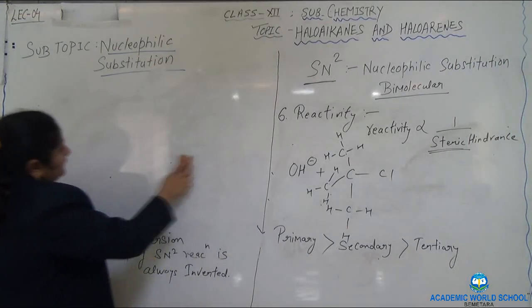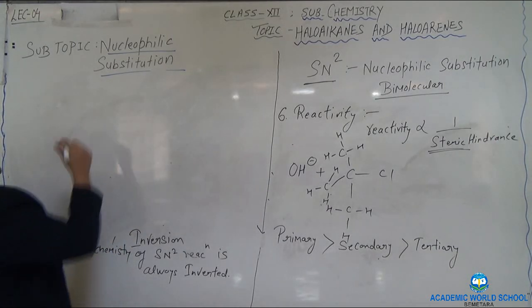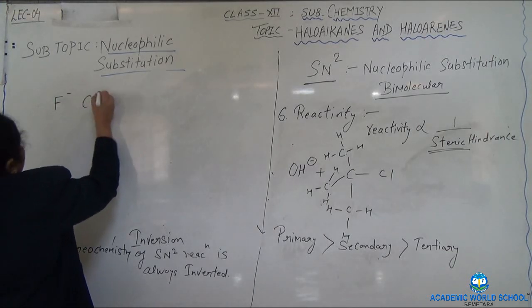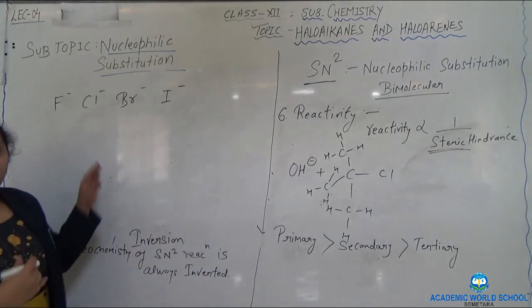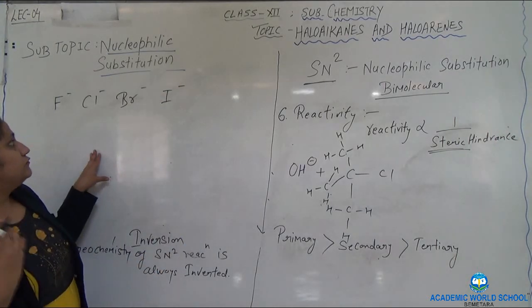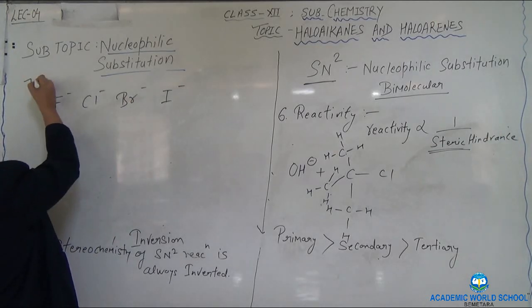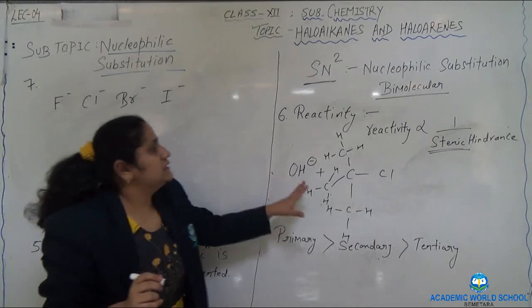If the reactant halogen atom is F minus or Cl minus or Br minus or I minus, what is the trend it is going to follow? So the seventh point is the reactivity of the halogen, not in the case of the alkyl group.